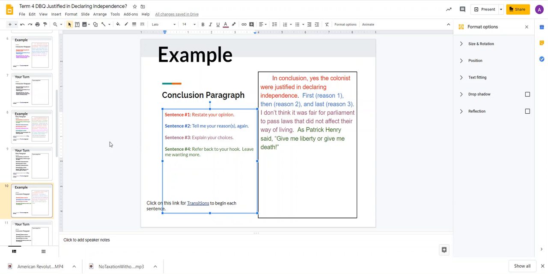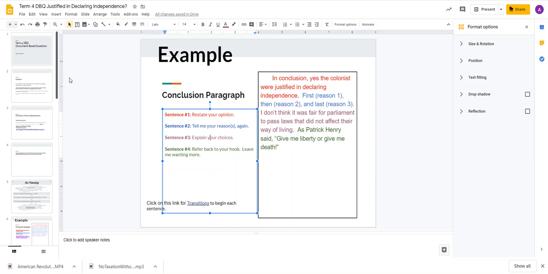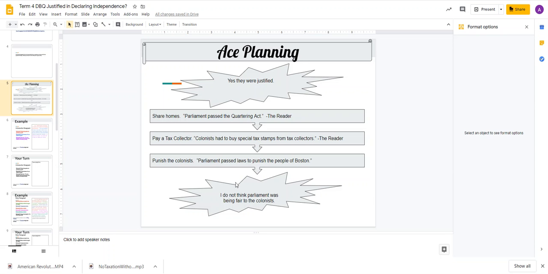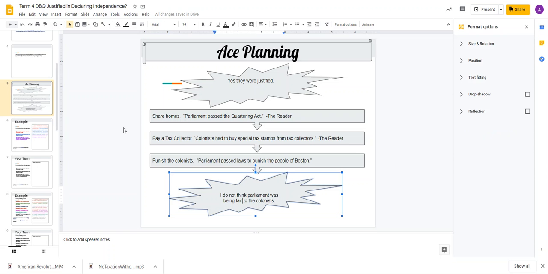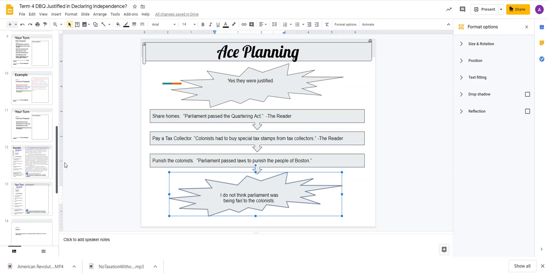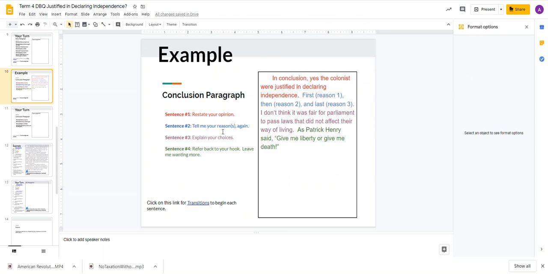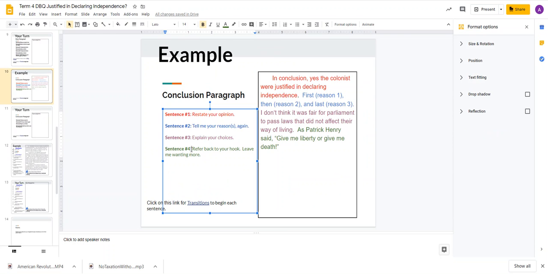So sentence 3 is your explanation, found here on your graphic organizer. And then sentence 4, the very final sentence, is to refer back to your hook. Leave me wanting more. End your essay with something interesting and catchy.